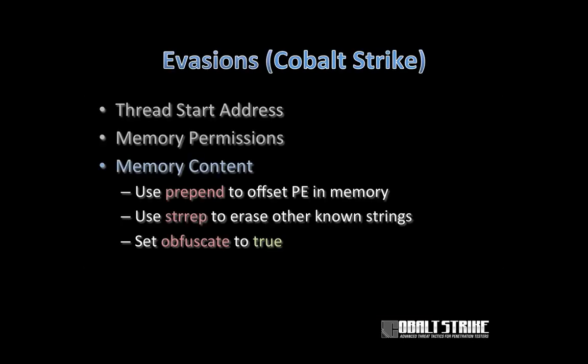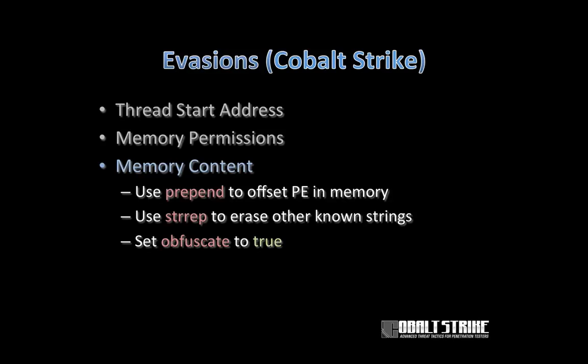Now that we know what Malleable PE can do, let's talk about memory content evasions. I recommend that you use the prepend directive to offset Beacon's DLL in memory. Why? Many automated solutions and tools to detect DLLs in memory do not do a linear byte-by-byte scan of memory looking for a PE file from all those locations.